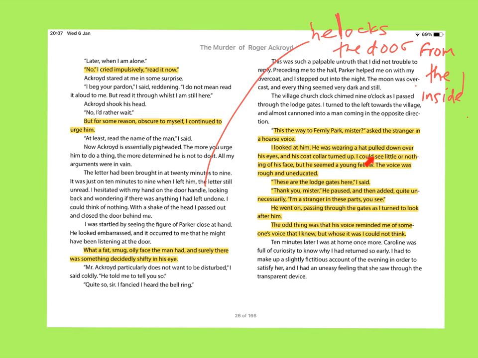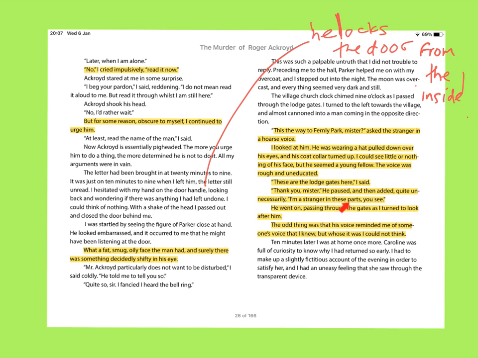"He was wearing a hat pulled down, collar turned up, couldn't see his face, seemed a young fellow," obviously trying to misdirect towards Captain Ralph Paton. That's Shepherd's main red herring, and it absolutely suits him that Ralph Paton is absent for most of the narrative. That suits him perfectly.